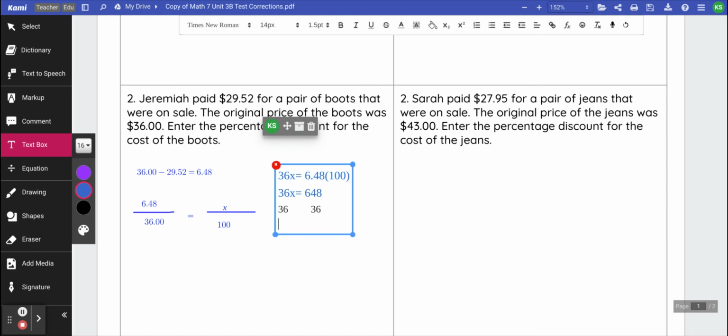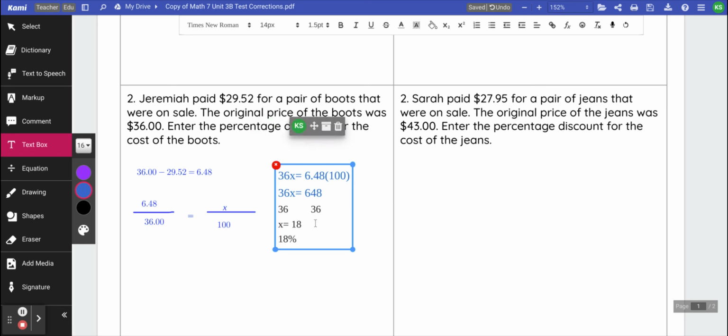I don't know why it changed color in the middle of my text box, but we're just going to go with it. If I divide both sides by 36, x equals 648 divided by 36, and I get 18. So the discount is 18%.